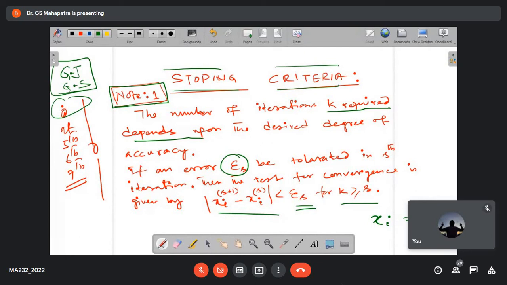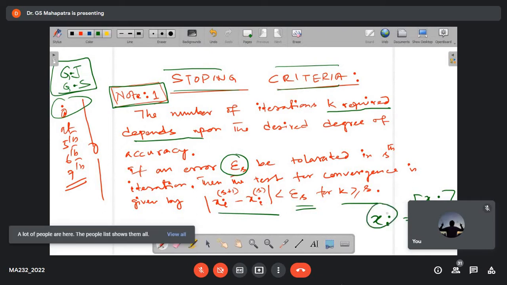Then this x^i actually represents x1^i, x2^i, and x3^i, like that. This is the ith iteration, or ith solution. So x^i represents a vector.